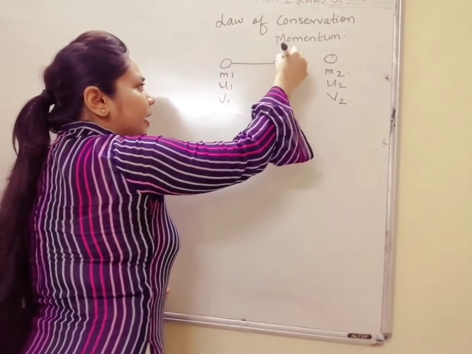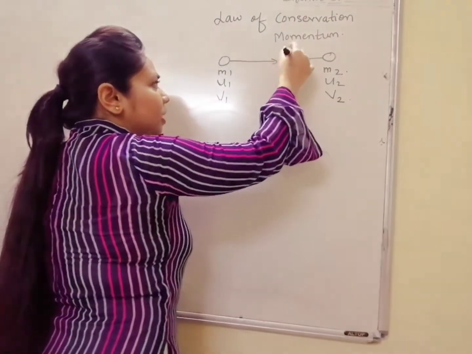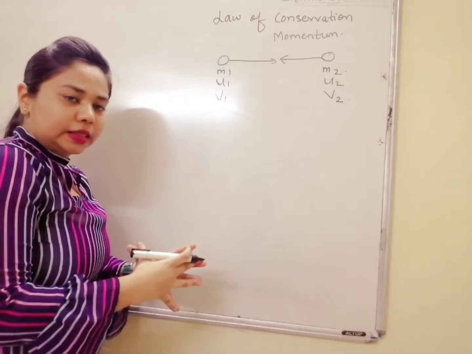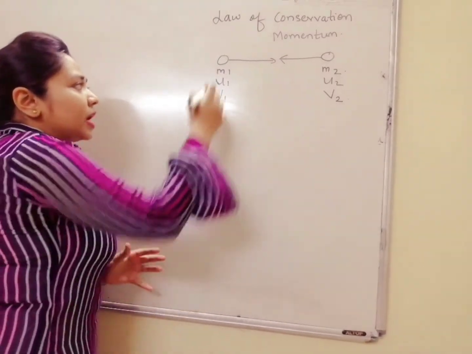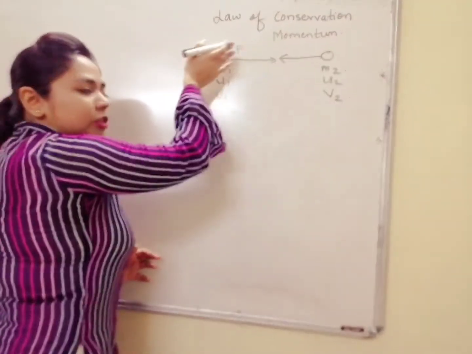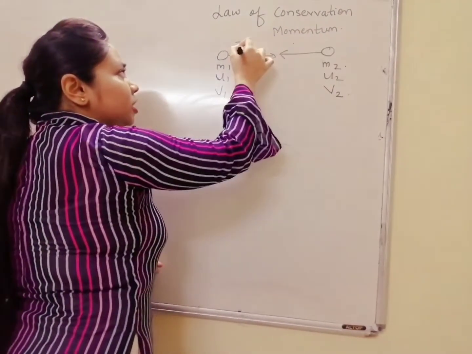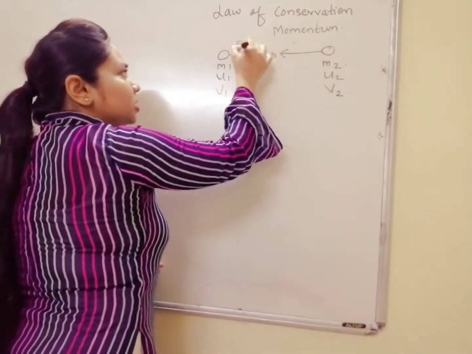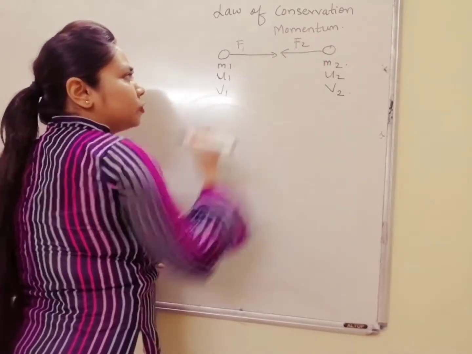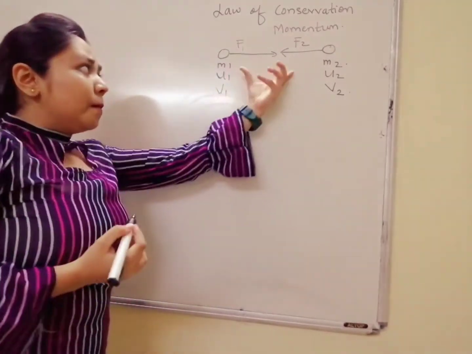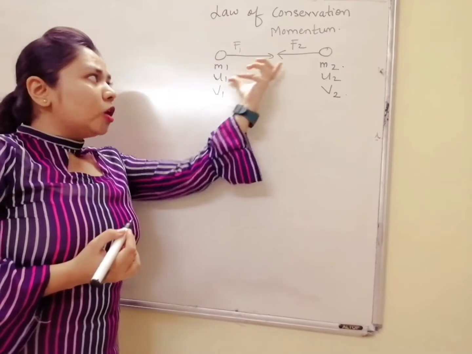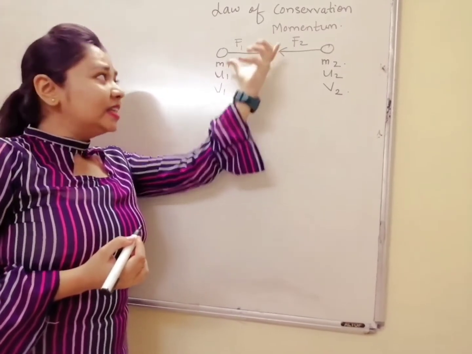They both are colliding. मतलब collision is going to occur in them. So what will happen? It is applying force in this particular direction and this is going to apply force in this particular direction. So this is F1 and this is F2. See, the amount of force in both of them is the same, but the direction is different.